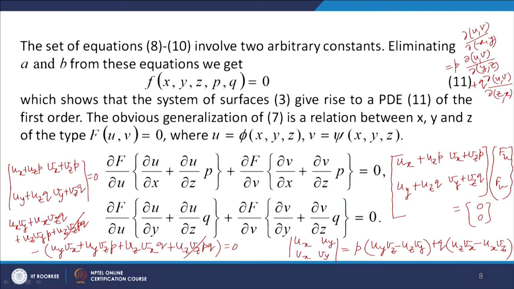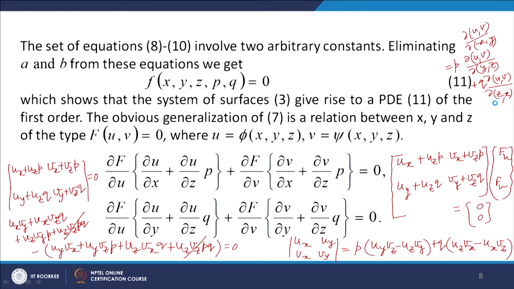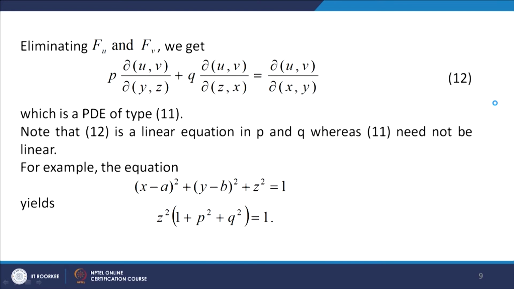So, this is what we have. So, we have p into ∂(u,b)/∂(y,z), then we have q times ∂(u,b)/∂(z,x) equal to ∂(u,b)/∂(x,y), which is a PDE of the type 11.